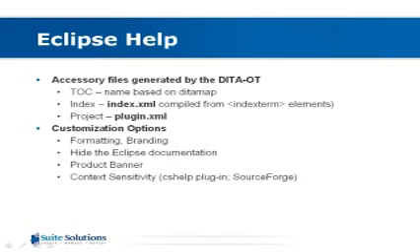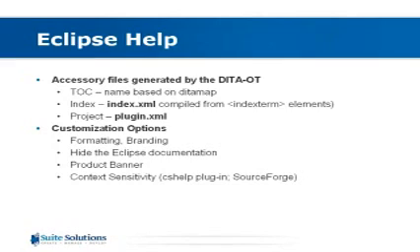The DITA OT will create a table of contents for you based on the hierarchy of your DITA map, an index.xml, which has all of your index entries in it, pulled from all of your files, and plugin.xml, which explains the structure of your help. It basically points to your table of contents, your index, and gives it a name.